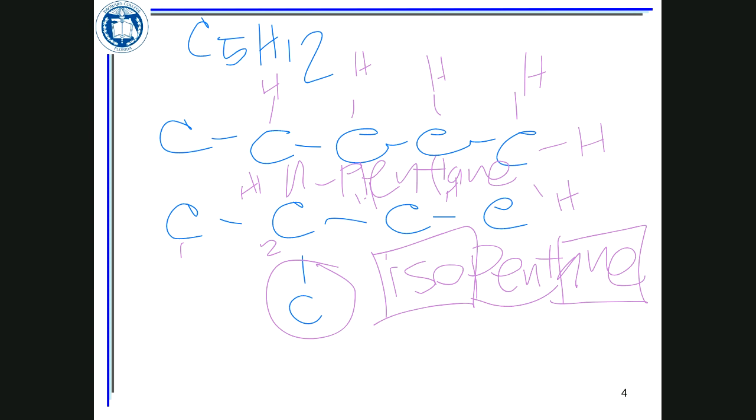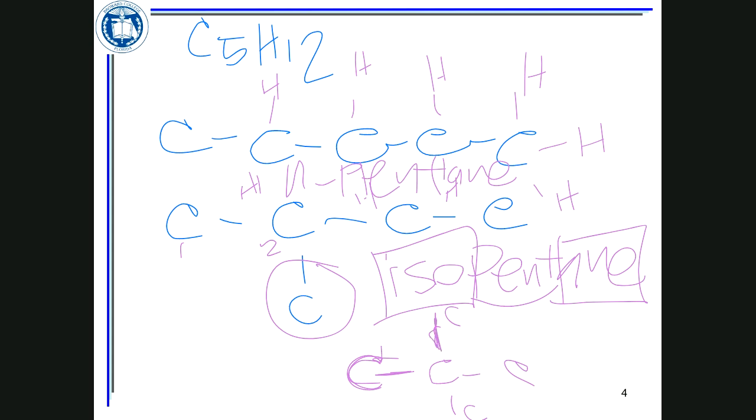The other structure for 5 carbons is if we have 3 carbons in a row, 1 carbon on top, 1 carbon below. So we have a total of 5 carbons. This C is not a double bond. We have a total of 5 carbons, but the structure is not isopentane.